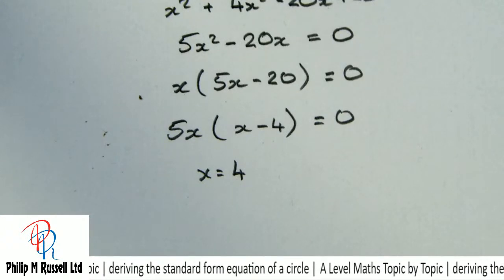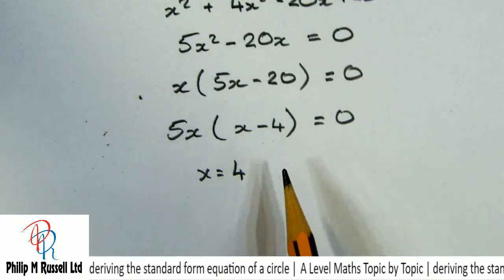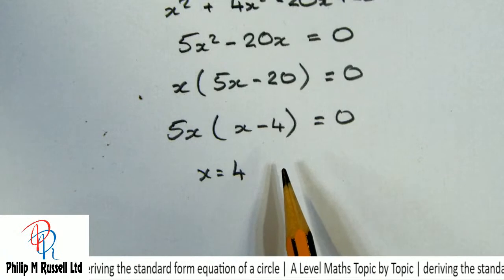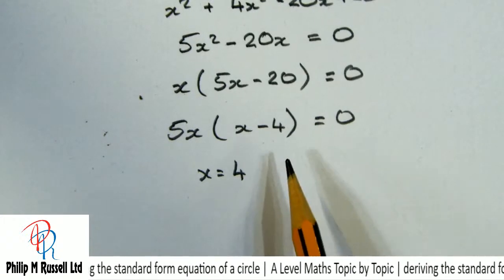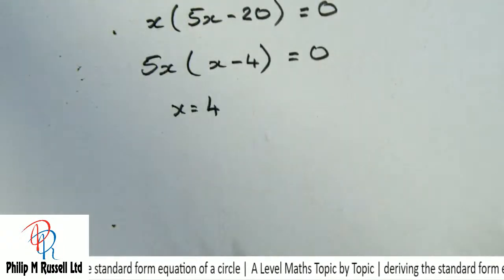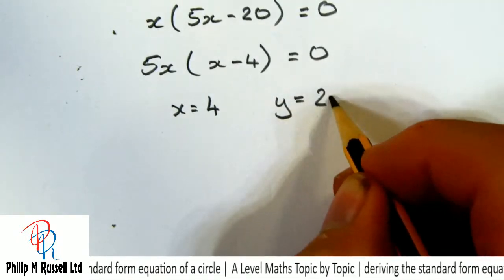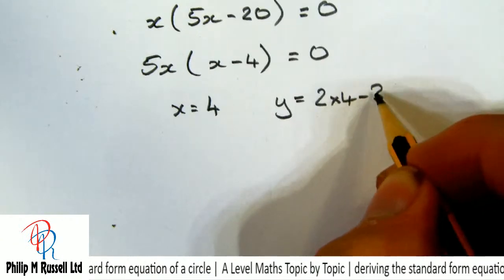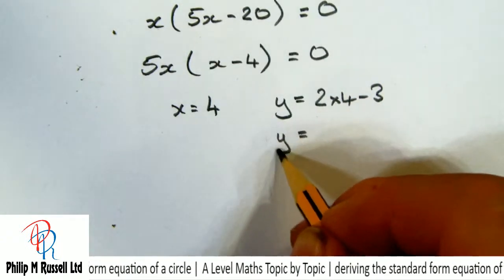And if I've got x equals 4, then we can simply fit this in wherever we want and work out y, and there's no reason why we can't use this simple equation. So y equals 2 times 4 minus 3, so y equals 5.